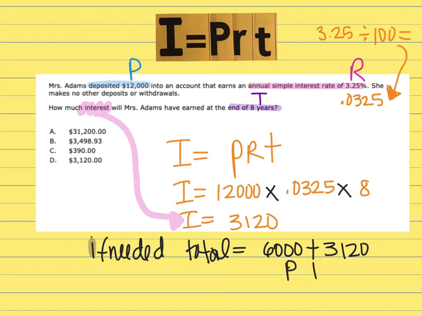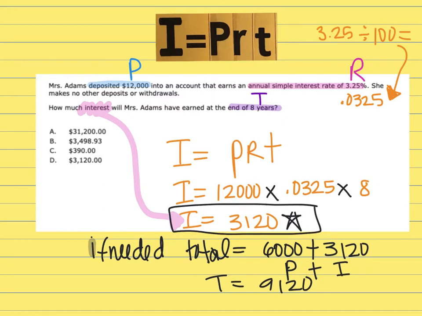So this is your principal plus your interest, and that gives you your total, which would have been $9,120. But this question just wants interest only, so we're good to go. Then my answer choice would be D, $3,120.